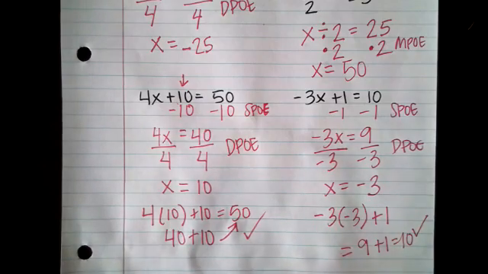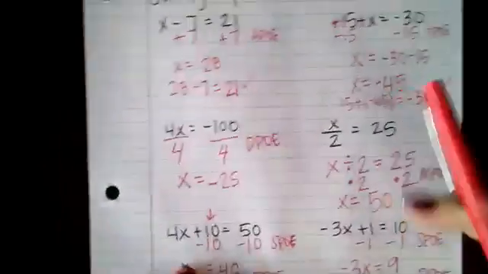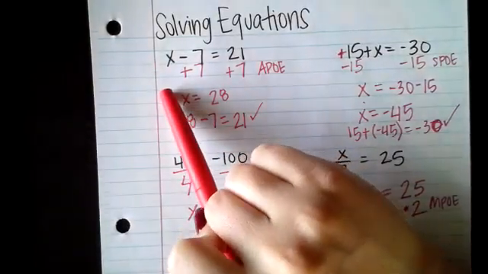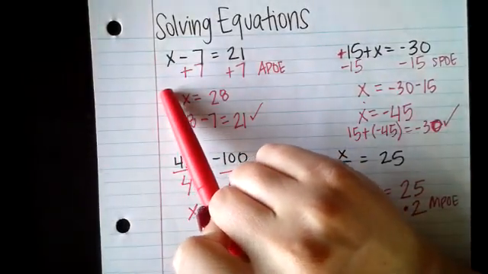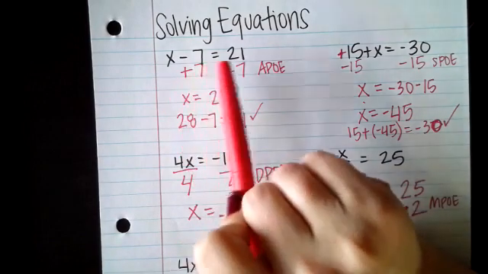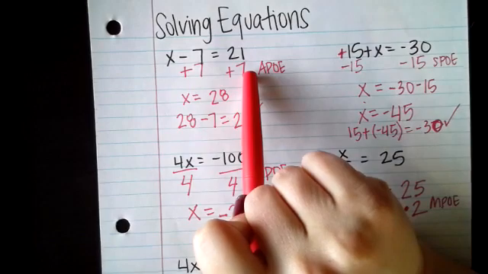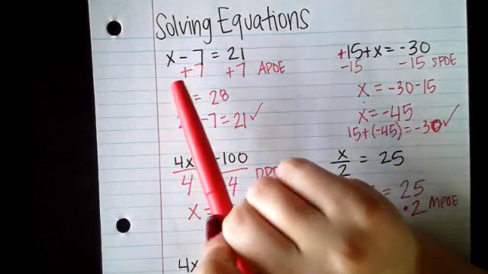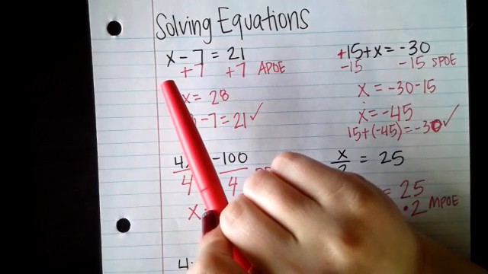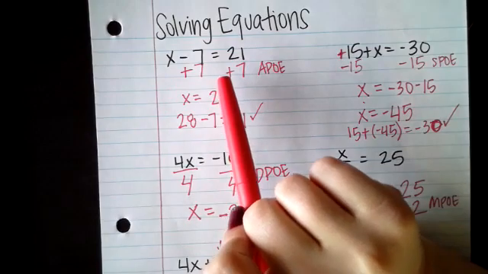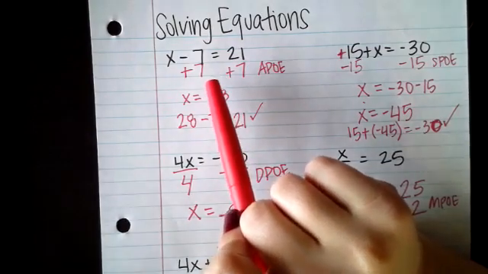Some of you, it may intuitively make sense, like when you looked at maybe this particular problem here, you could figure out pretty easily, oh, 28 minus 7 is 21, x is 28. But really what you did in your head is you did this. You figured out, if I do the opposite, if I add 7 to 21, that's going to tell me what I need to subtract with. So you did the addition property of equality in your head.